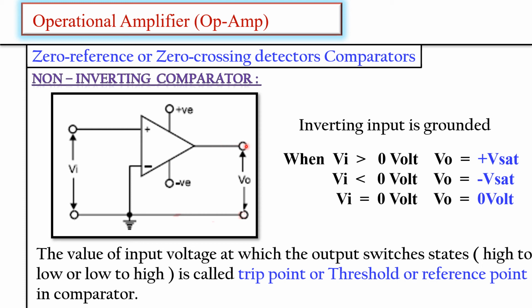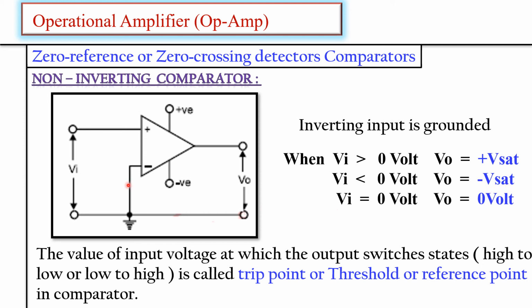it produces a negative saturation, that is minus Vsat. So let us see here, the inverting input terminal is grounded. When the input voltage Vi applied to the non-inverting terminal is greater than 0 volt, it produces Vout equal to plus Vsat. When the input voltage applied to the non-inverting terminal is less than 0, meaning we are applying a negative input, the output will be equal to minus Vsat.